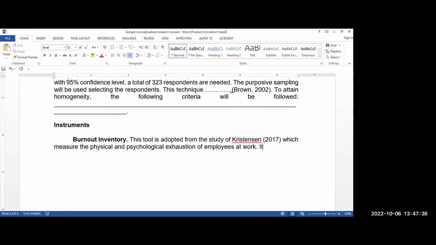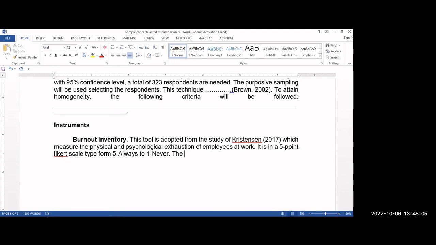Okay. How is it measured? It is in a 5-point Likert scale type, from 5, strongly agree, always, to 1, never. Okay.